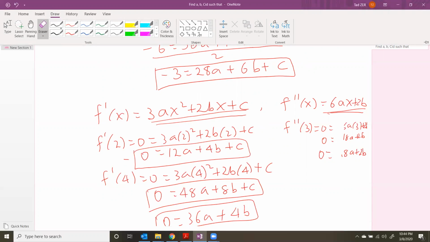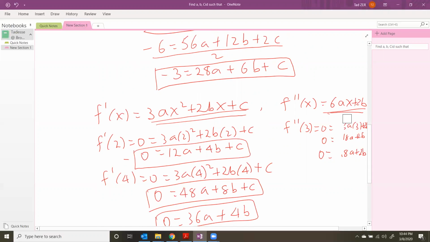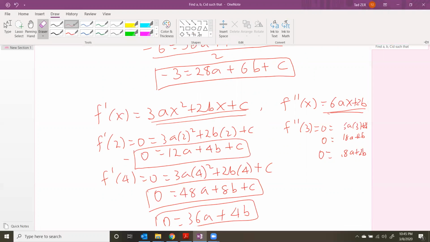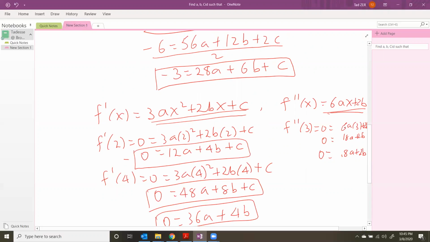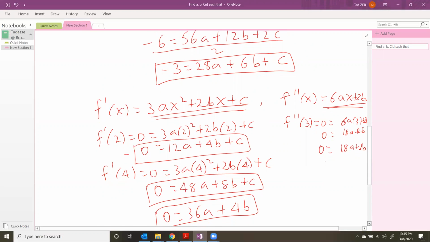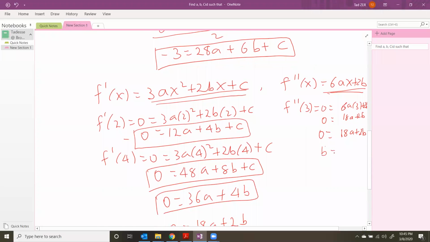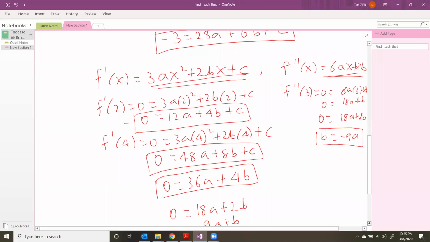Okay, so this is 6, right? Yeah, so this is 6, this is 18, this is 18. By the way, this gives you the same thing as what I have here. So this gives me b equal to negative 9a, which is irrelevant for my case.